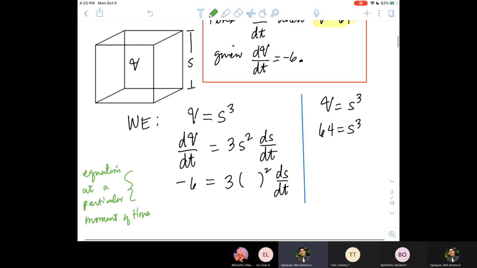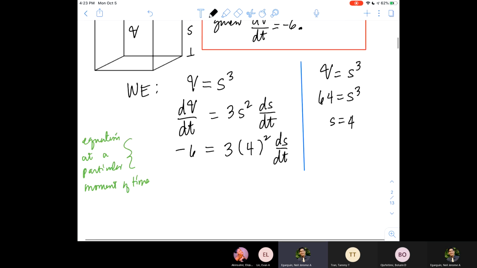Now, if I'm going to solve for s here, I simply need to take the cube root of both sides, so I'll get s is equal to 4, right? So at the particular moment of interest, that is when the volume is 64, the side length is equal to 4. So I can plug in 4 here. Because I'm done differentiating, I can plug in any instantaneous value after we do the implicit differentiation.